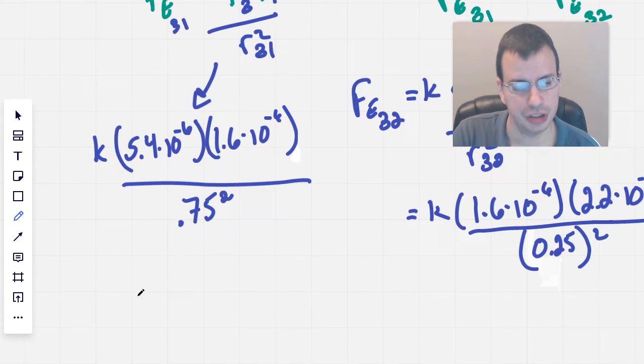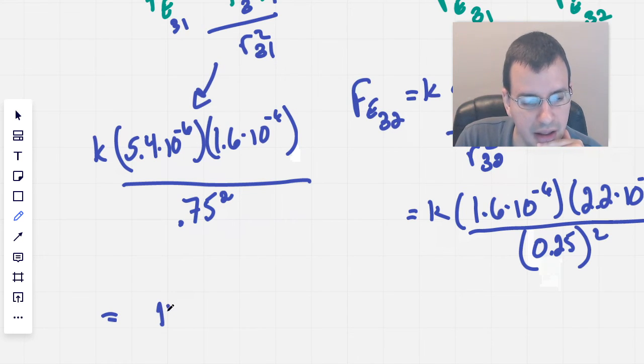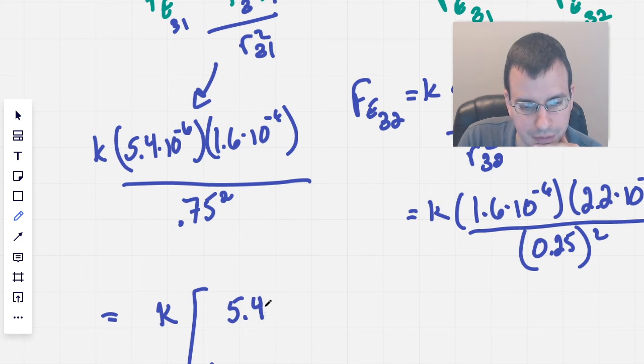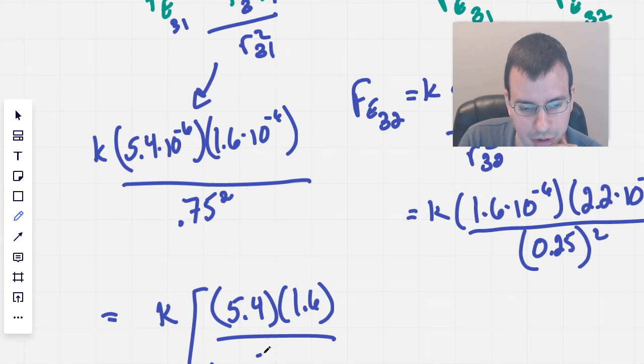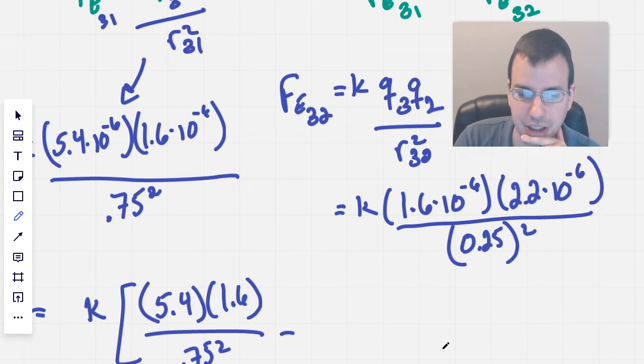So solving this out, we're going to have K times 5.4 times 1.6 all over 0.75 squared minus, and that minus has to do with the signs because I know that these two forces are opposing each other. And I'm going to assume that this one's positive. This is the one going to the left direction.